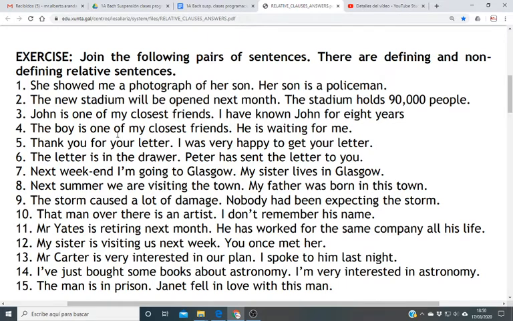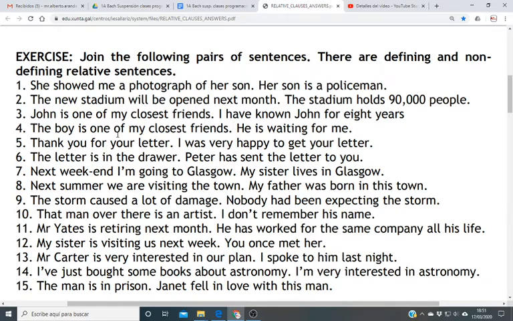Next weekend I'm going to Glasgow. We're talking about the place. It's where. Next weekend I'm going to Glasgow, where my sister lives, which is extra information. But anyway, in this case, it doesn't say if it's defining or not defining, but I think it's next weekend I'm going to Glasgow. Yeah, it could be either. I don't know. It's not very clear.